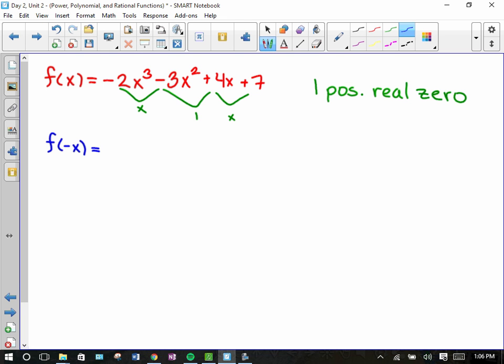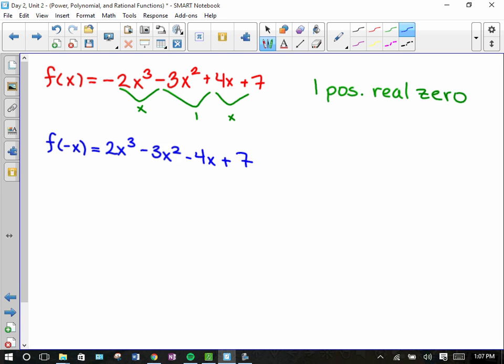So, the shortcut there is if the degree is odd, it changes sign. 2x cubed. This is an even degree, so it stays the same. Odd degree, so it changes. We subtract 4x instead.